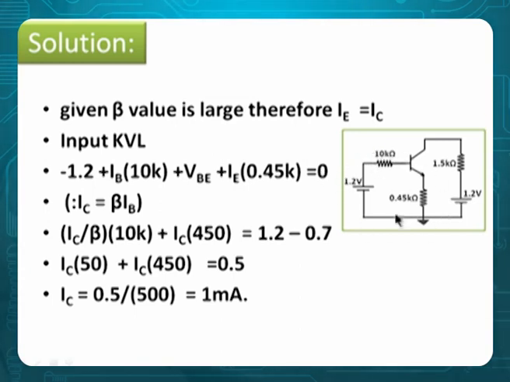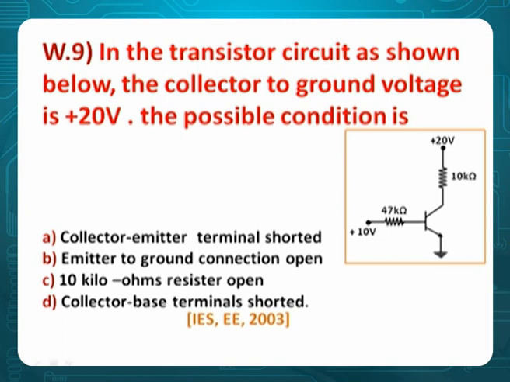In the input KVL, we will be estimating IB, and where we will say IE is equal to IC plus IB, and everything converted back into IB. Estimate IB, and then IC comes there. Then IC value you can estimate as 1 milliampere. So I have taken input KVL. From the input KVL, we can get IC. Therefore, option is A.